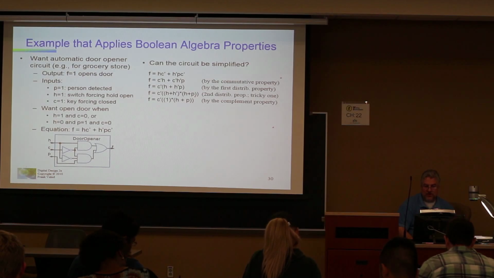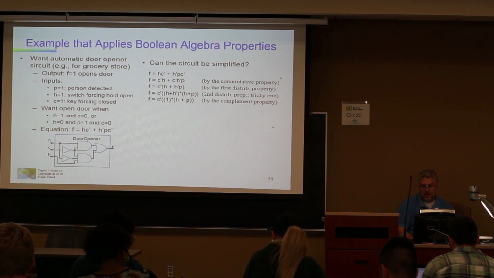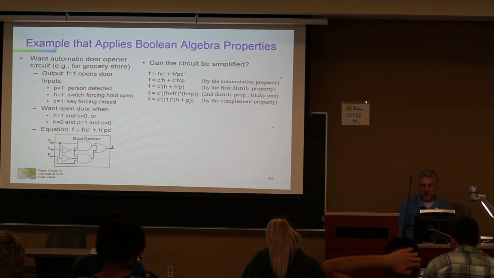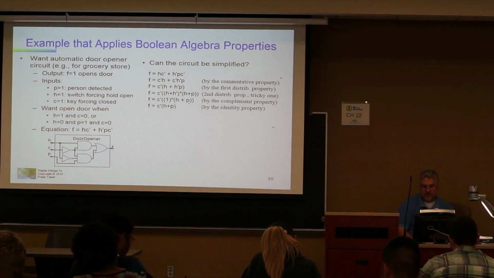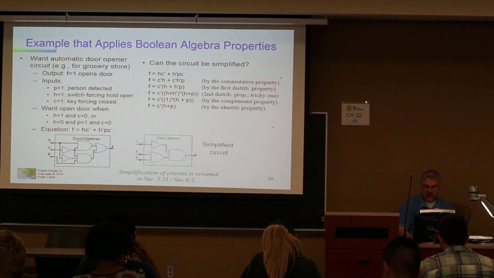So now we're left with this C prime, 1 and H or P. But we know that 1 and H or P, with the identity 1 is an and, is just H or P. And then we can represent this.